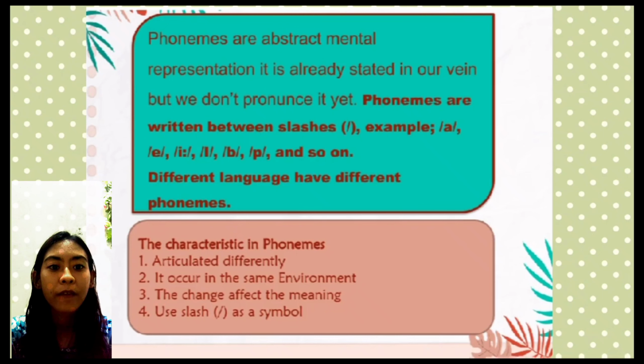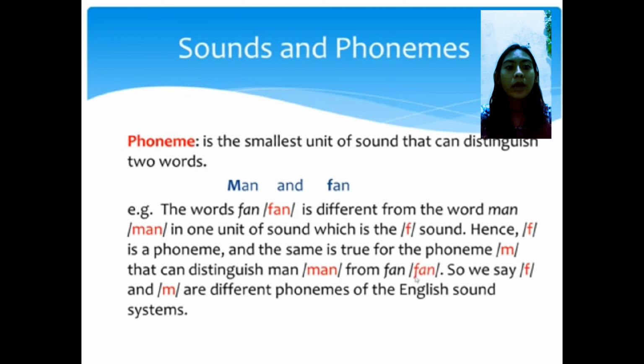Different languages have different phonemes. The characteristics of phonemes: the first is that they are articulated differently. The second is that they occur in the same environment. The third, the change affects the meaning. The last is that they are useful as a symbol. A phoneme is the smallest unit of sound that can distinguish two words.